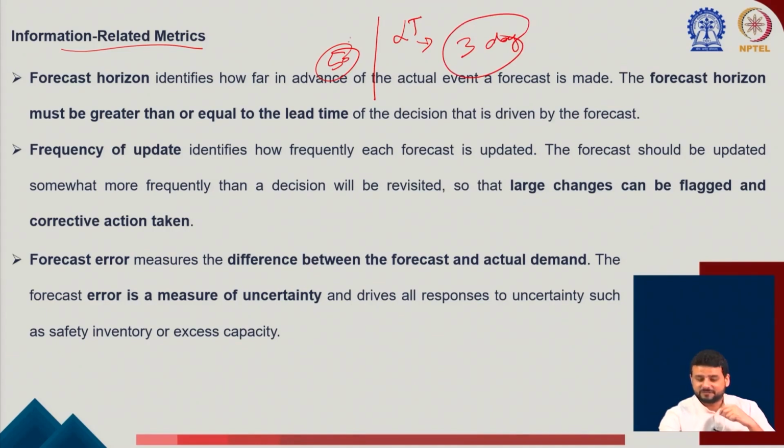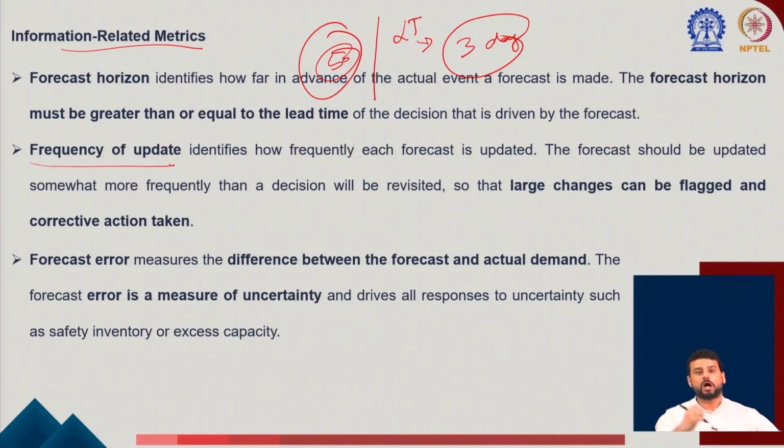That means this forecast is only applicable for 1 day while your lead time is 3 days, so it is not going to serve the purpose. Your forecasting horizon should be 3 to 5 days, or 5 to 7 days, so that whatever you manufacture, you can ensure its consumption in the market.